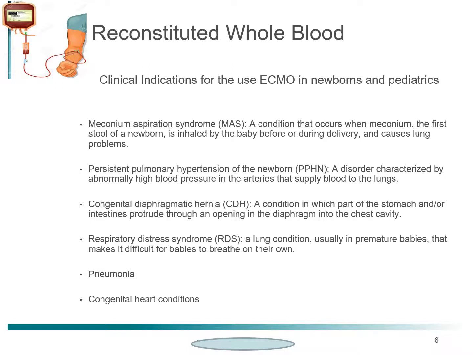Congenital diaphragmatic hernia, a condition in which part of the stomach and/or intestines protrude through an opening in the diaphragm into the chest cavity. Respiratory distress syndrome, a lung condition usually in premature babies that makes it difficult for babies to breathe on their own. Pneumonia and congenital heart conditions.